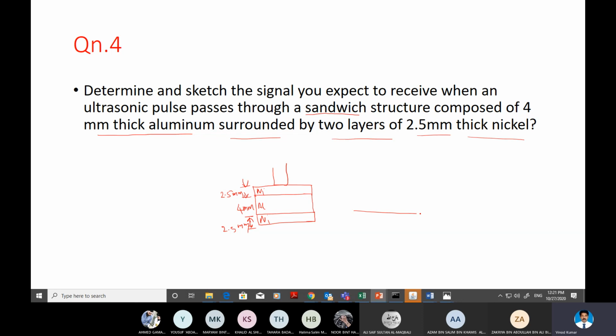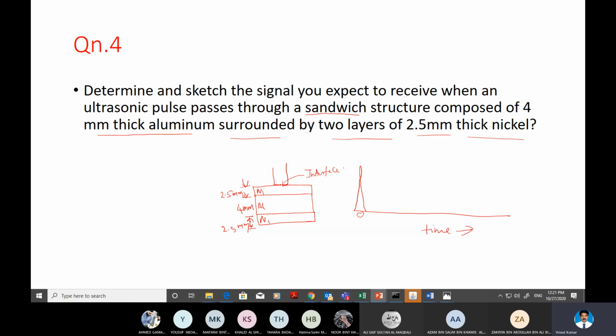So with respect to time, how can I draw a signal? The first signal will be from the interface, from 0. That is from here. We call it the interface. Okay, first signal from the interface.